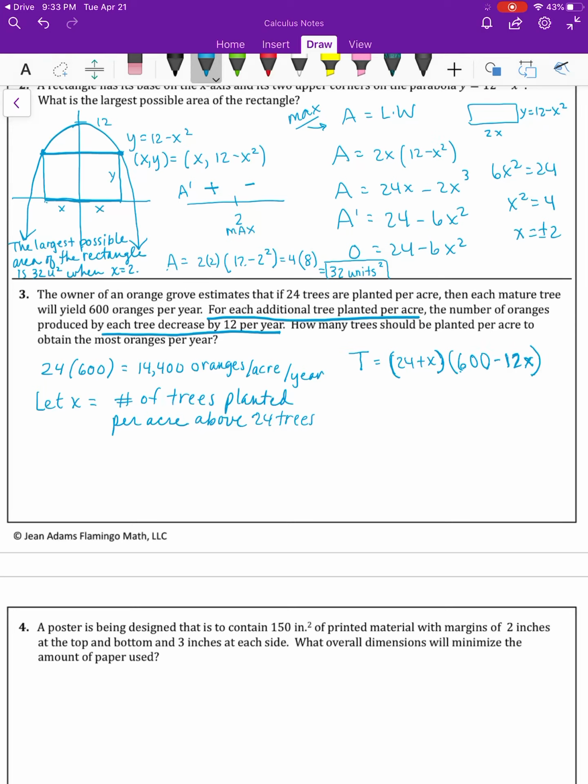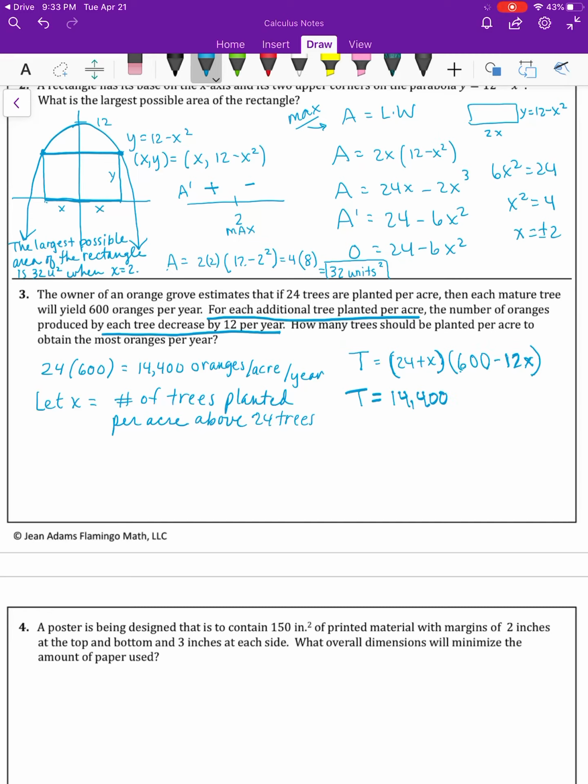So instead of just 24 times 600, when you're putting more trees out there per acre, you've got to now calculate 24 plus x times 600 minus 12x, because the number of oranges produced by each tree decreased by 12 per year for each additional tree planted per acre.